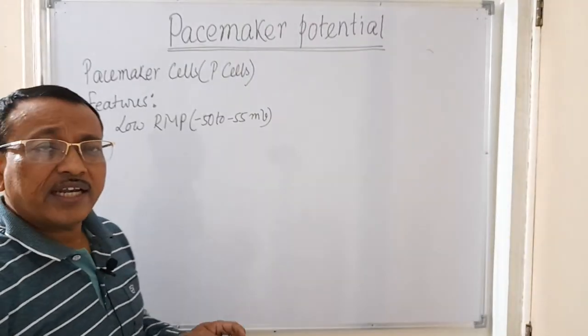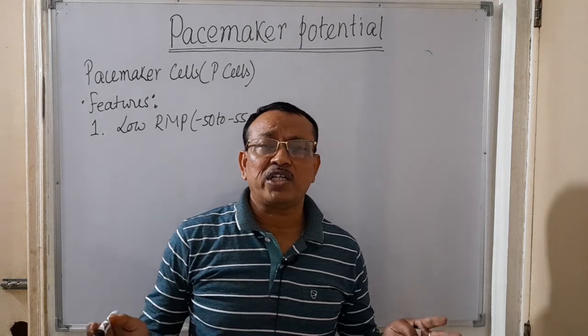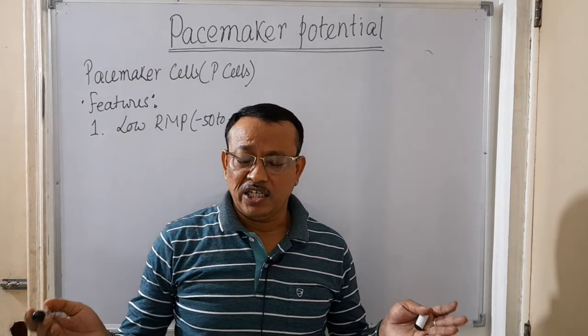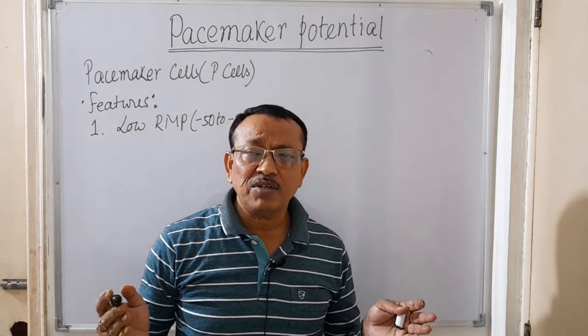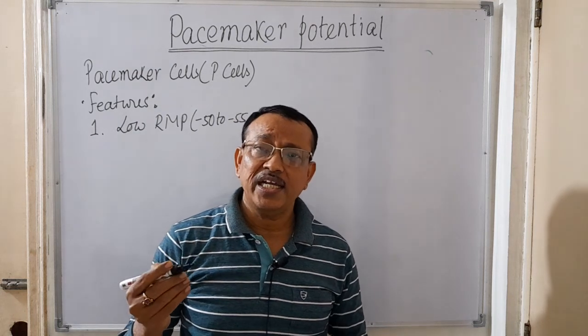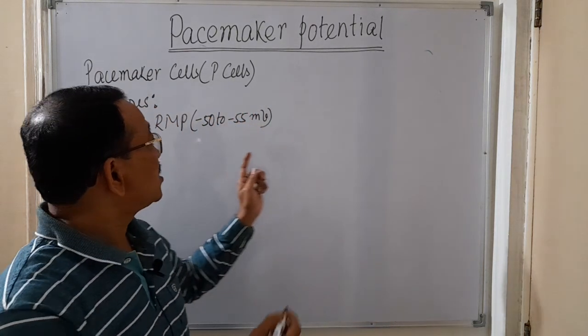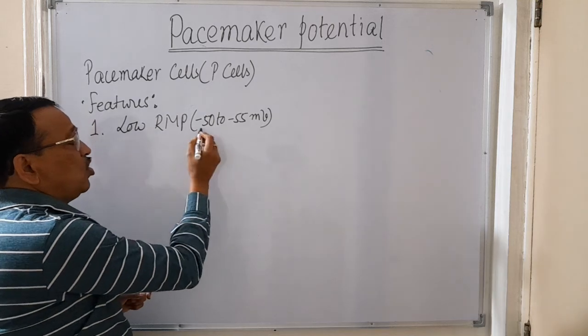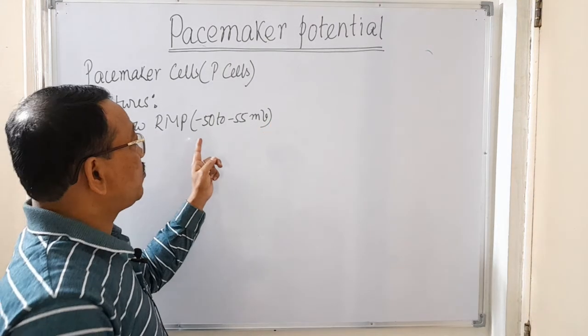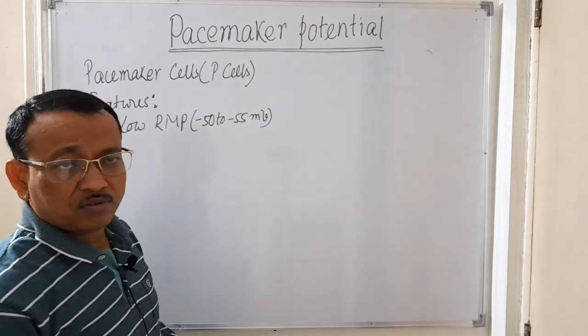You know that the resting membrane potential in normal tissues, in neurons, is minus 90 millivolt. But here, this resting membrane potential is very low, between minus 50 to minus 55 millivolt.